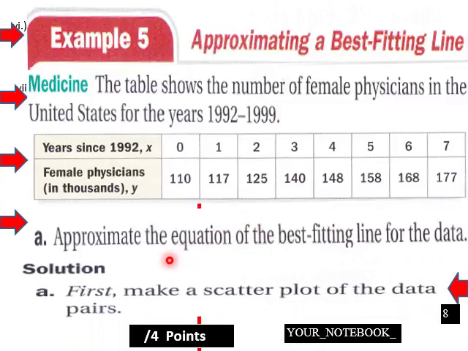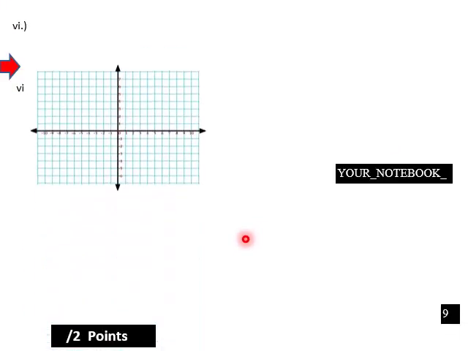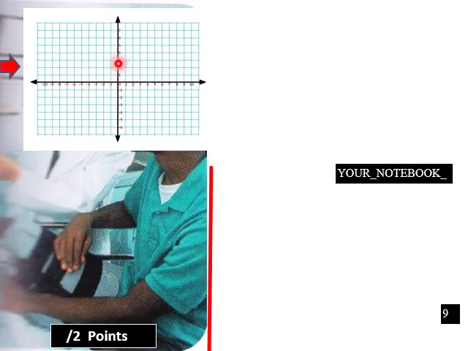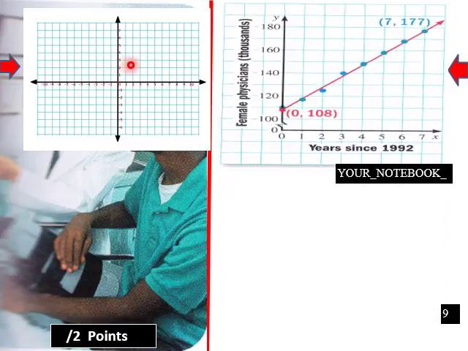A solution would be to make a scatter plot of the data first. So plot this on a grid, or you can sketch it here on your worksheet. Here is a sketch of the data.